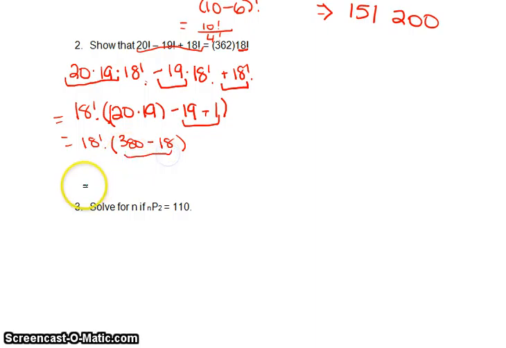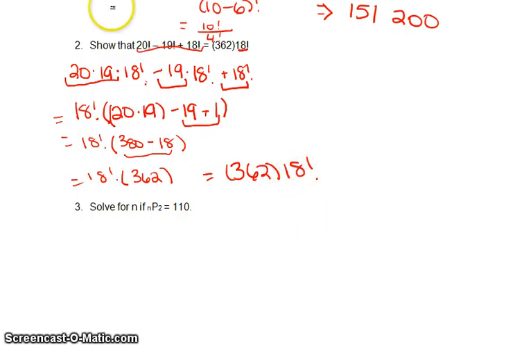Simplifying in our brackets, we have 18 factorial times 380 subtract 18, which is 362. And we know that with multiplication we can flip things around, so we can rewrite this as 362 times 18 factorial.